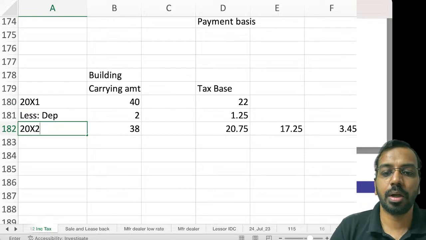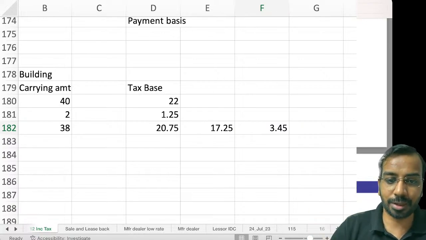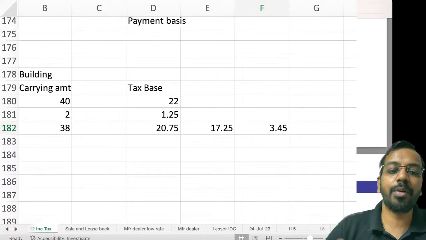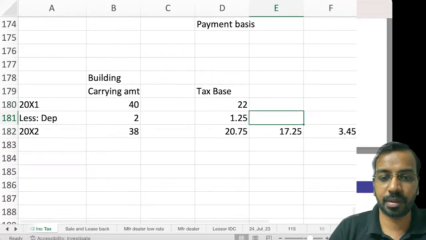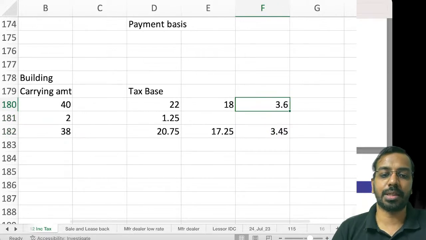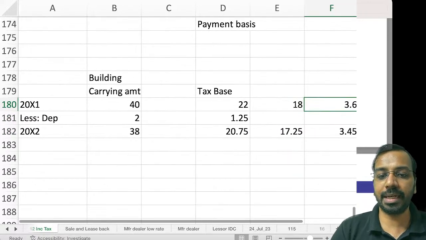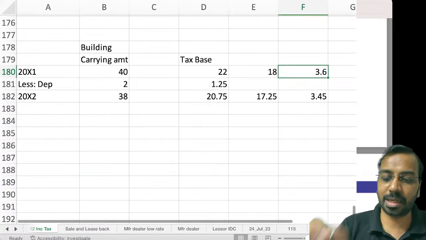So the DTL should be 3.45 crores before revaluation. What is the DTL on year 1? The difference is 18 and the DTL should be 3.6. So the opening DTL is 3.6. The closing DTL before revaluation is 3.45.